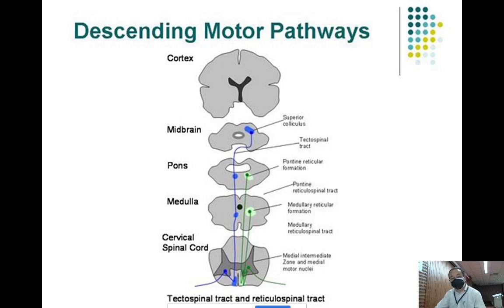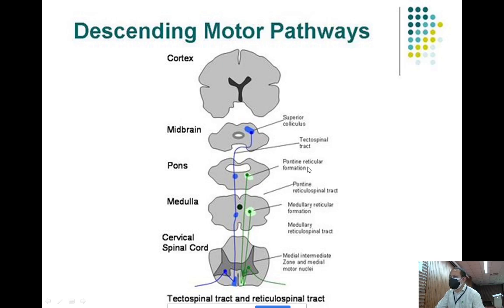So this is basically the function of the tectospinal tract.